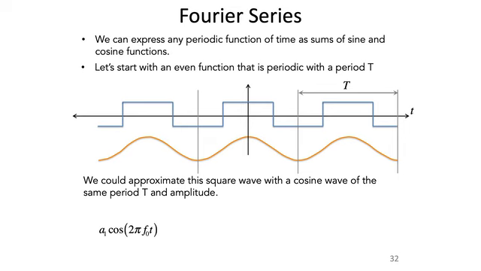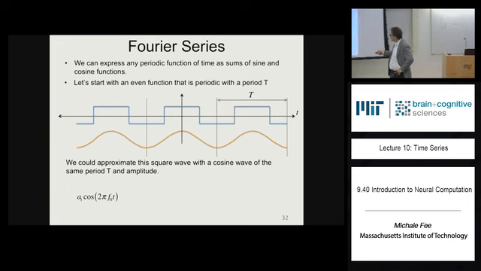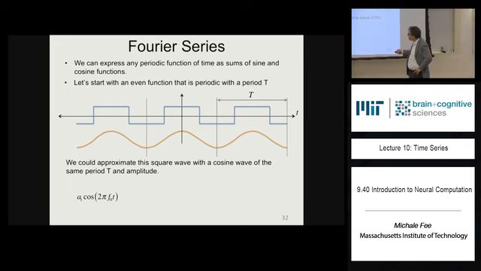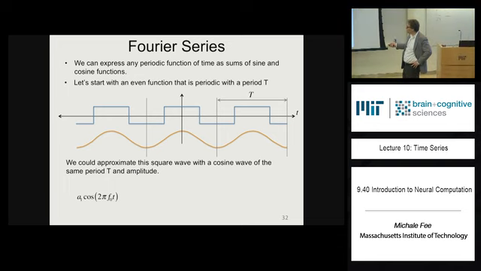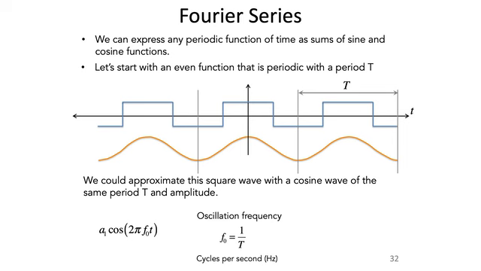And it has some frequency, F0, okay? So a cosine wave with a frequency F0 is cosine 2 pi F0 t, where F0 is 1 over the period, okay?